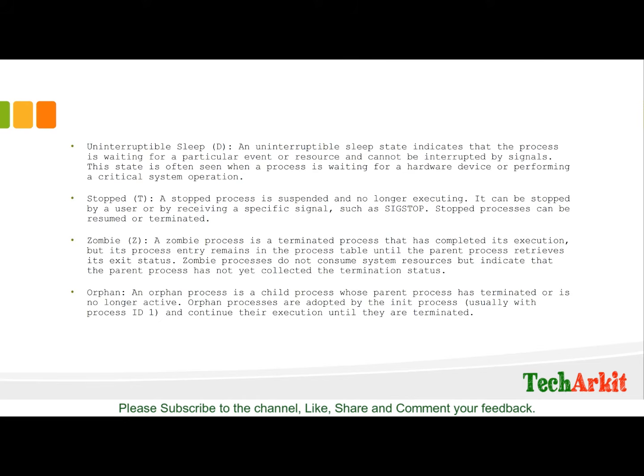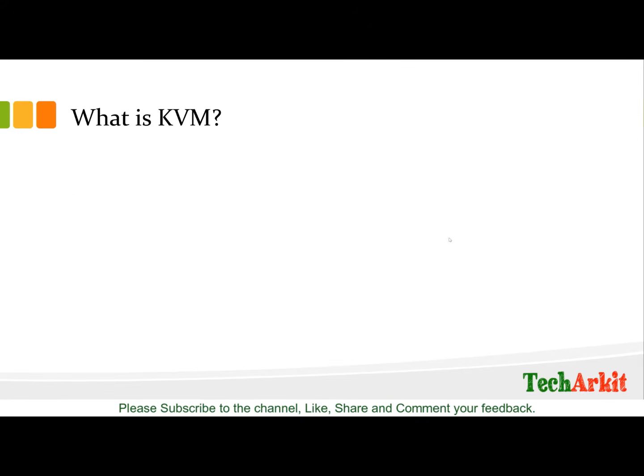That's a bad example, but that's how orphan processes come about, and they will be adopted by the systemd process in the process tree until they execute and terminate properly. Those are the process states and their execution status.